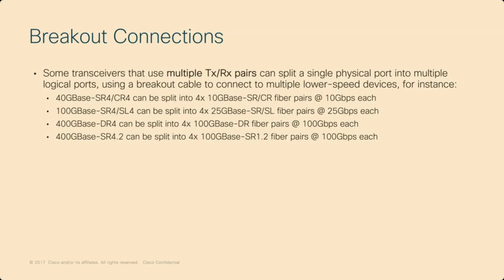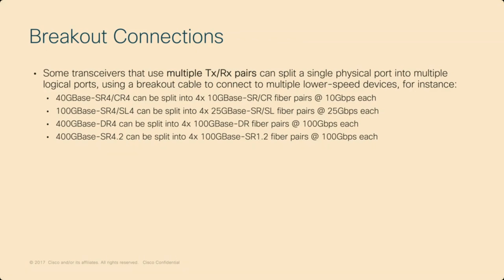Anything using 4 lanes can usually be split. So basically, if I have like 40G base SR4, I can split those into 4 10G base SR. The 4 on the end of that SR4 indicates that it's using 4 separate lanes, and the SR without the number on it just means that it's using 1 lane. So we can actually combine those and split those out.